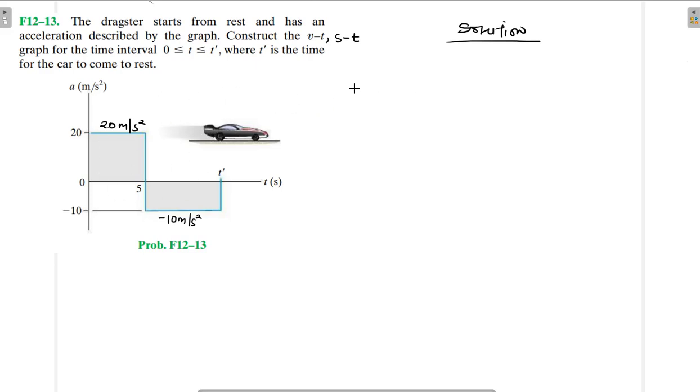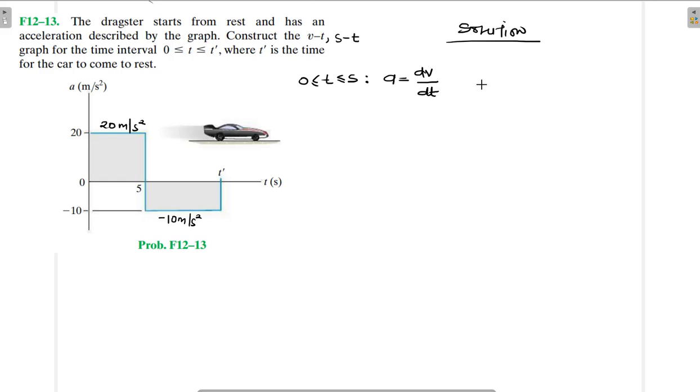So to find the velocity-time graph, let's pick an interval, t from 0 to 5. We know that instantaneous acceleration is equal to dv over dt.